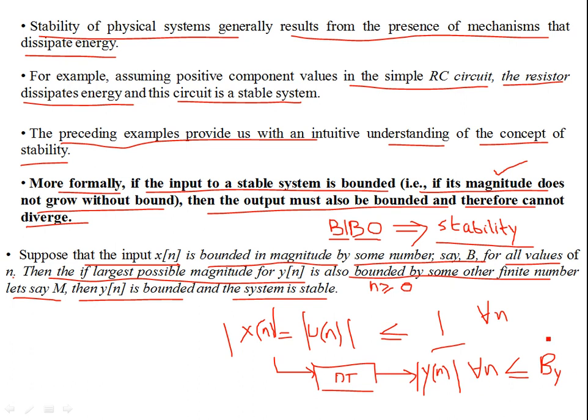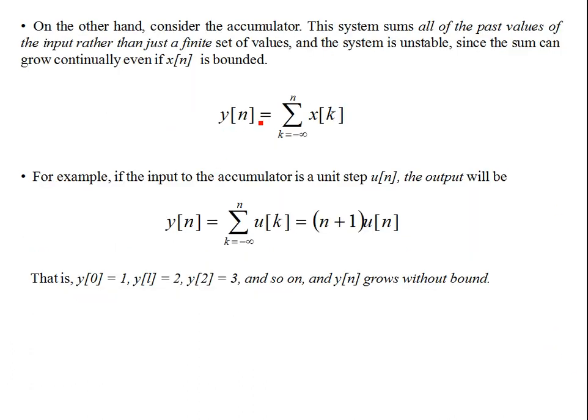All right. So let's take an example of the accumulator. You see here we have an example of a discrete time system we have talked of earlier. So on the other hand, let's consider an accumulator. Now you recall that this system sums all the past values of the input rather than just a finite set of values, and the system is unstable. Why is it unstable?